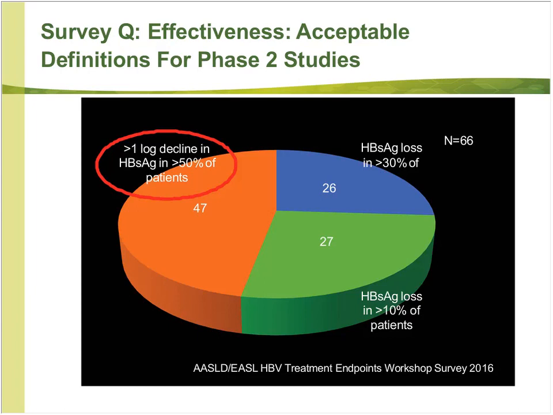Half the audience stated that they need to see a 1 log decline in more than 50% of patients during a phase 2 study to move that drug forward to, say, phase 3.